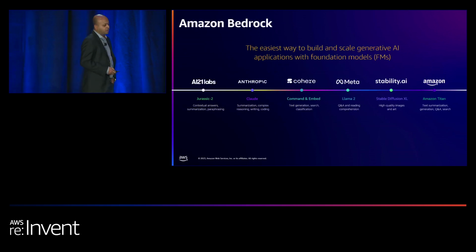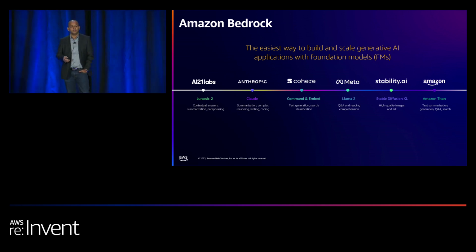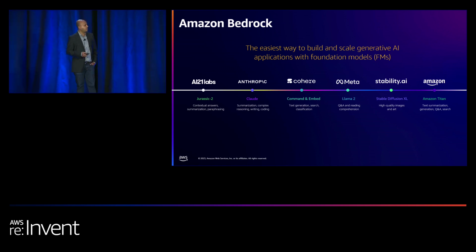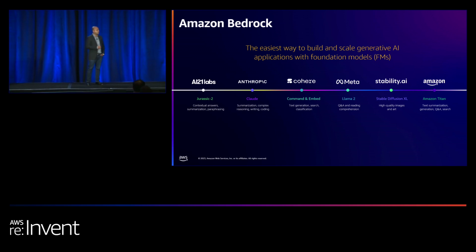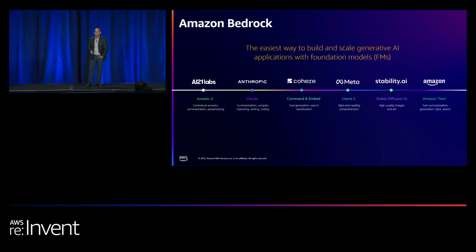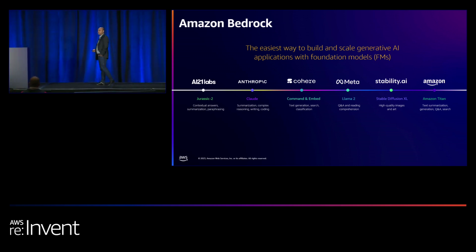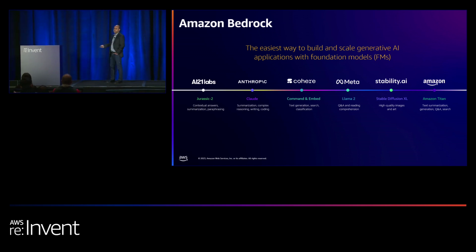So a quick primer on Amazon Bedrock. Amazon Bedrock is a fully managed service that provides access and choice of some of the best-of-breed foundation models from leading companies such as AI21, Anthropic, Cohere, Meta, Stability AI, and also our Amazon Titan family of models, which are built from scratch at Amazon.